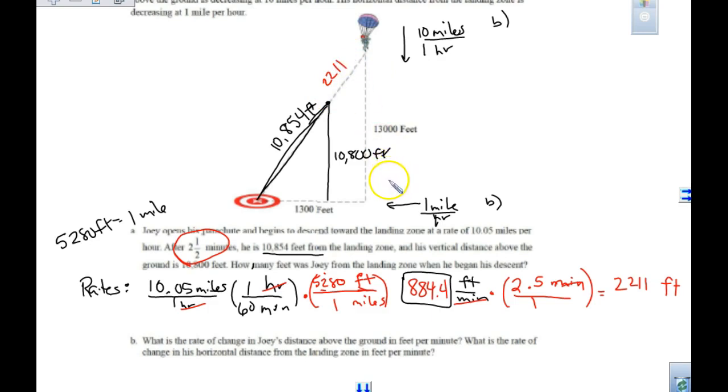Okay? So do we now know how long this descent is? How many feet we're descending? That was what the question said, right? How many feet from the landing zone was he when he began? We have to add 10,854 feet plus the 2,211 feet, right?